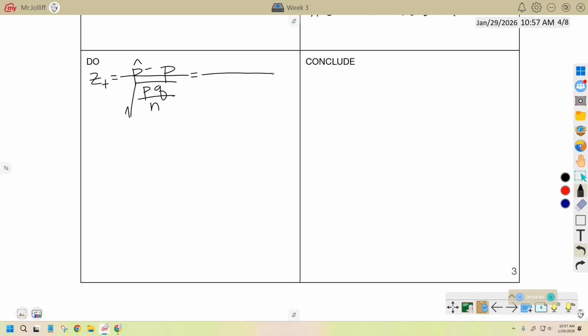So our sample proportion was 0.094. Population value in our alternative and null hypothesis was 0.08. In the denominator, I remember that I am using population values. 0.08.